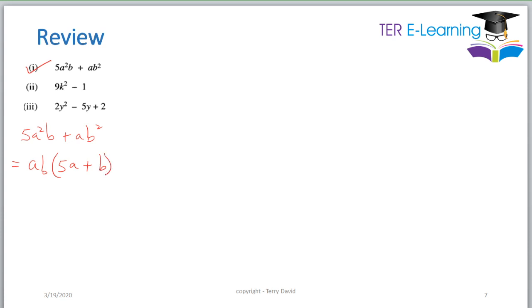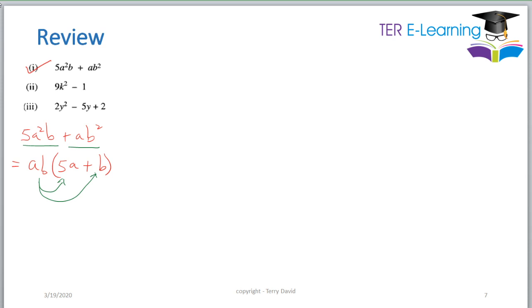So this is how we factorize this. Remember, you can always double check your answer, because if I multiply ab by 5a, I get back 5a squared b. If I multiply ab by plus b, I get plus ab squared.